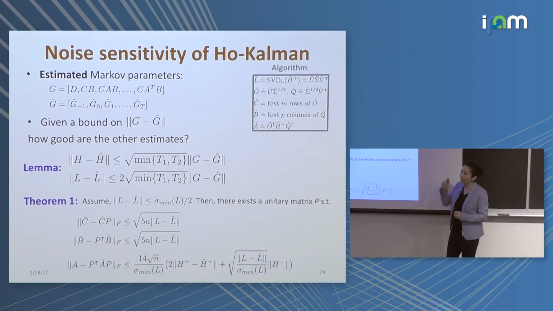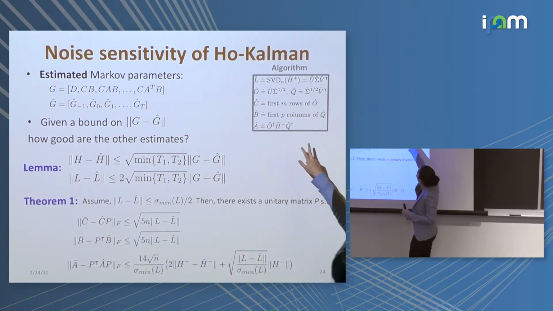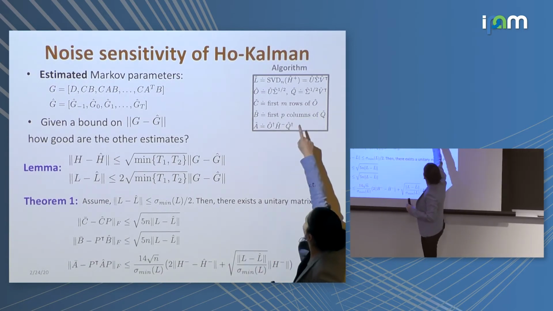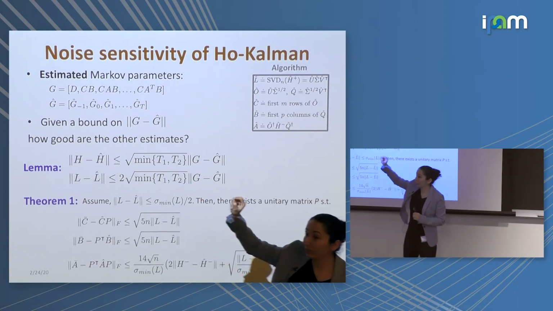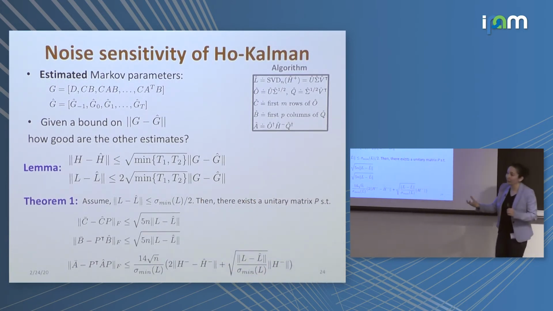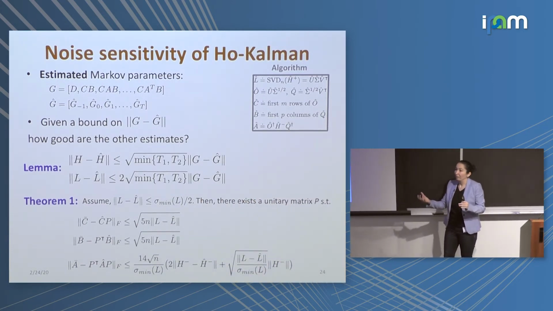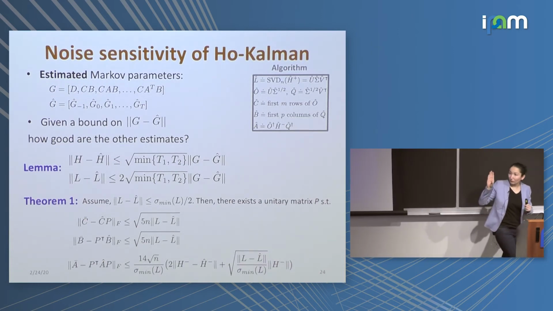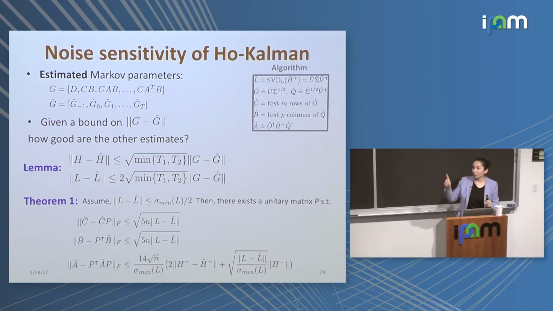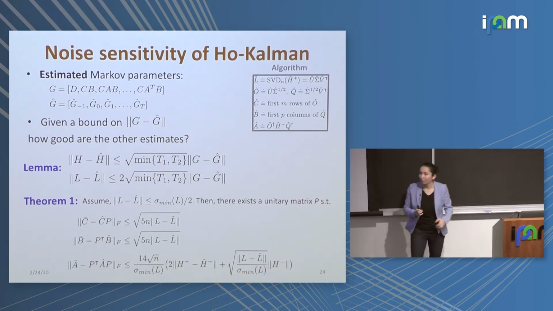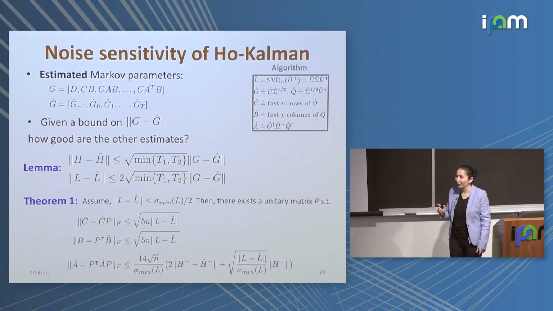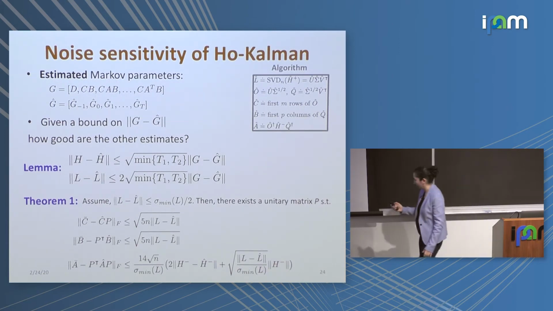And the other thing is that if you do this process to a noisy Hankel matrix, you are not guaranteed to get a balanced realization. If you do it for the real A, B, C, you get the balanced realization. I think in general, you don't get a balanced realization if you do it to the noisy matrix. I don't know if that answers your question.